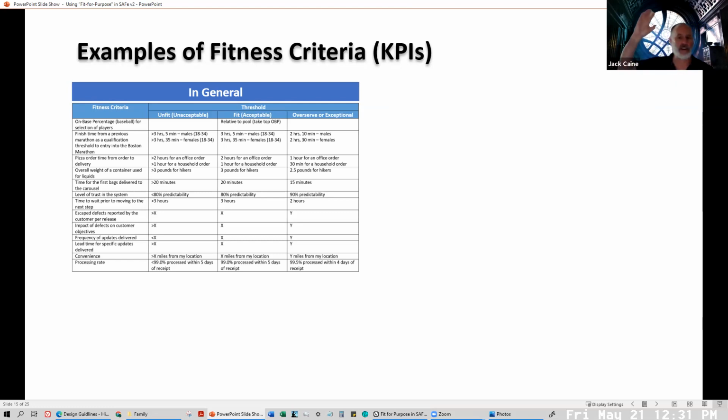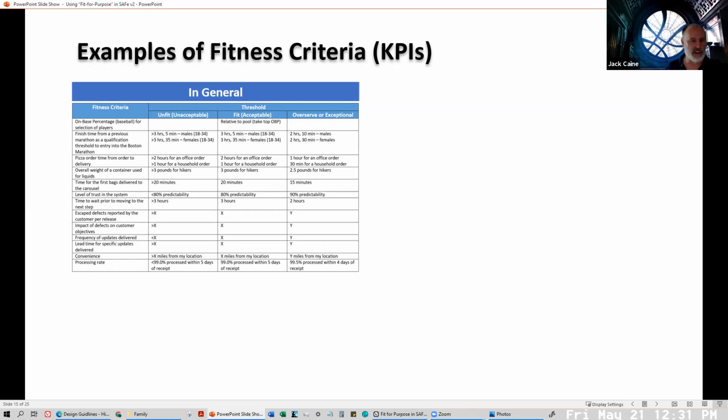But if it's over 90%, maybe the system's being overserved. And maybe if you have 100% predictability, or maybe if you're delivering more, then you're over servicing, right? So it's a range. We have the unfit, the fit, and the overserved.